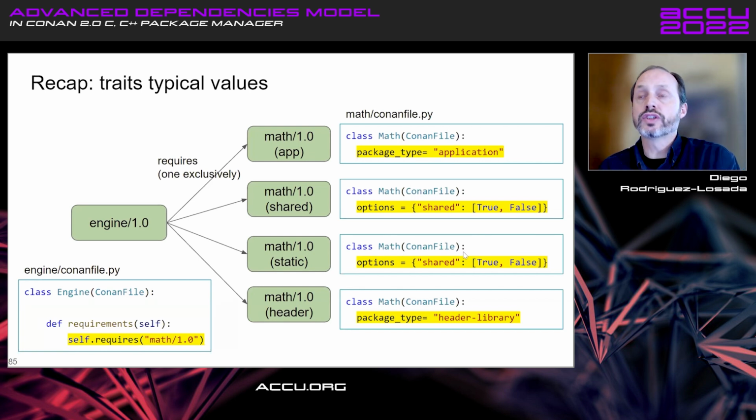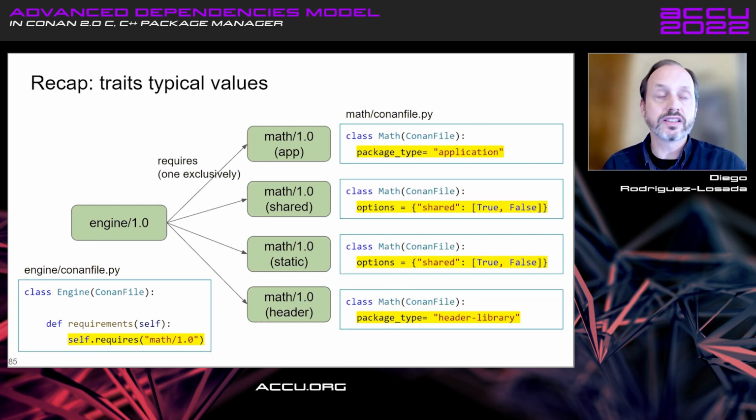And only in those cases where Conan doesn't have enough information is it good to explicitly define the package type. For example, for an application, it's not that easy for Conan to know that something is an application. Or, if a package is always a shared library but doesn't contain the option because you cannot opt into shared or static, then you can explicitly help Conan by telling it package type equals shared library.